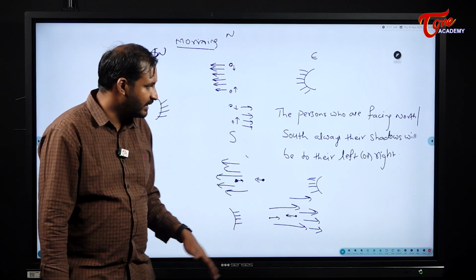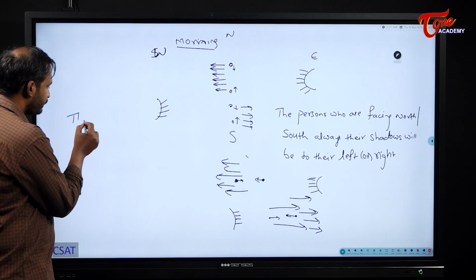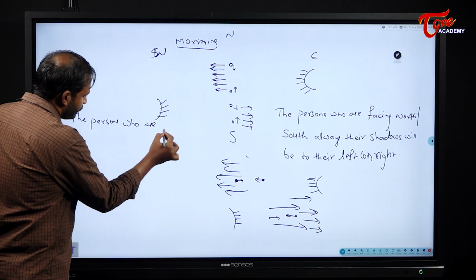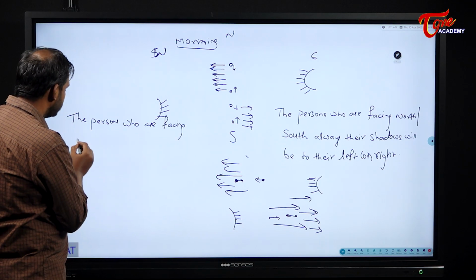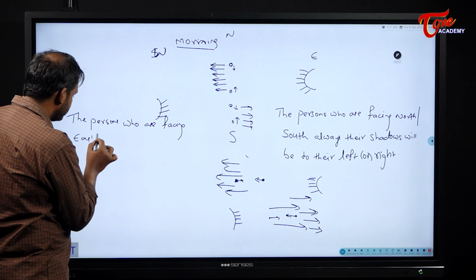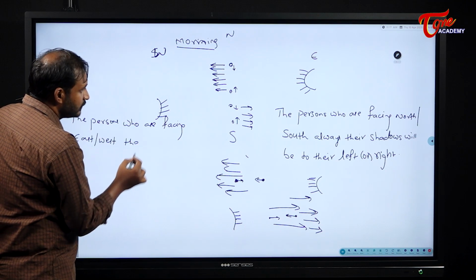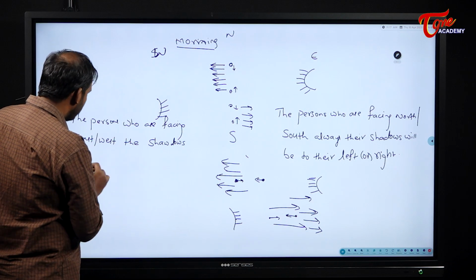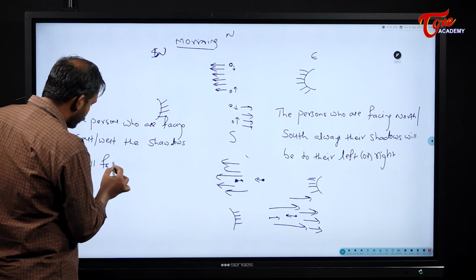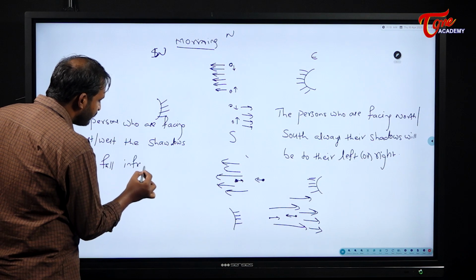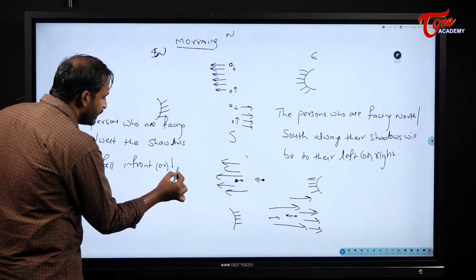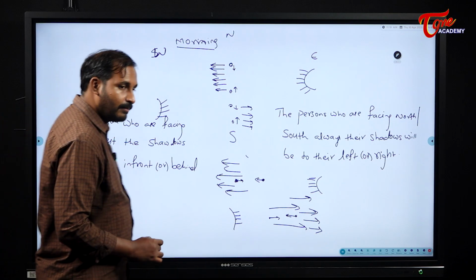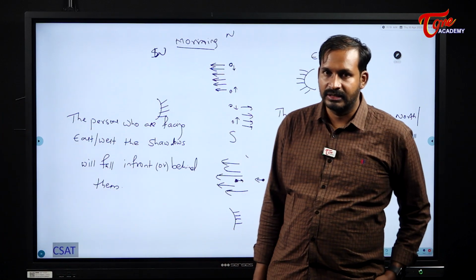Because of that reason, the persons who are facing east or west, the shadows will fall in front of them or behind them, but it will never fall to their left or right.